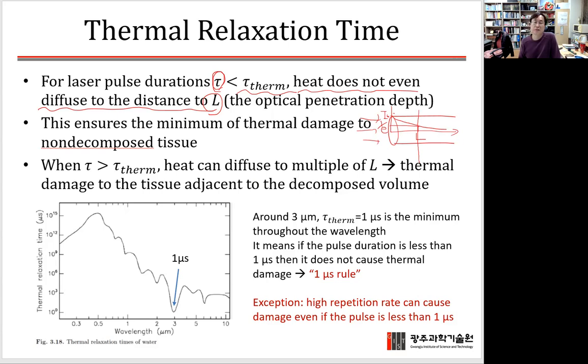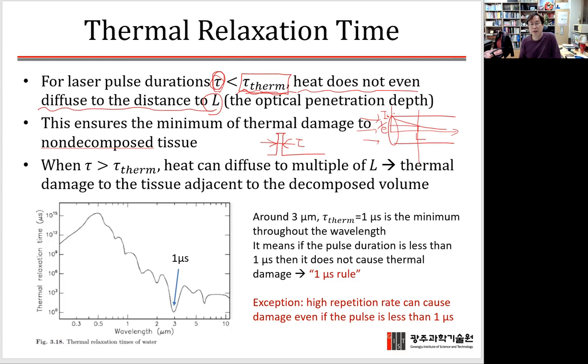And if the laser pulse duration is tau, so you are giving the laser pulse with a tau duration time, and this tau happens to be smaller than the thermal relaxation time of this tissue. The tissue needs a time tau_therm so that heat can be conducted from the surface of the tissue to the depth of 1/α, right?